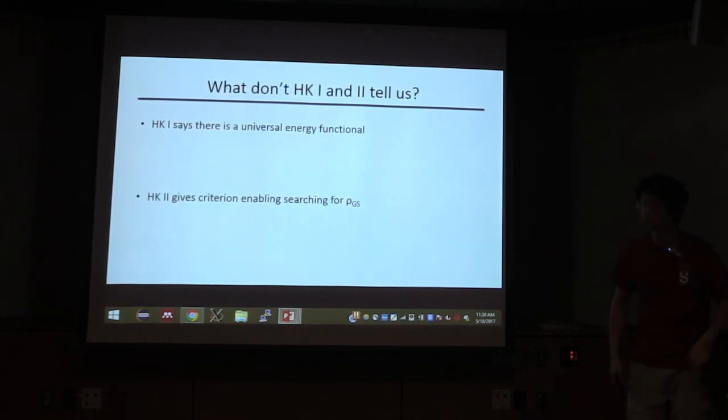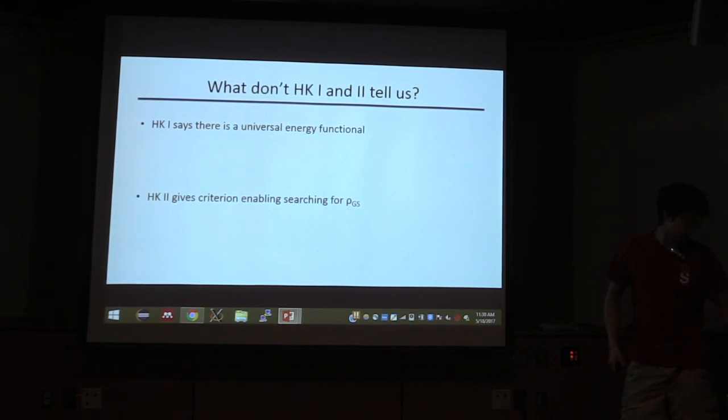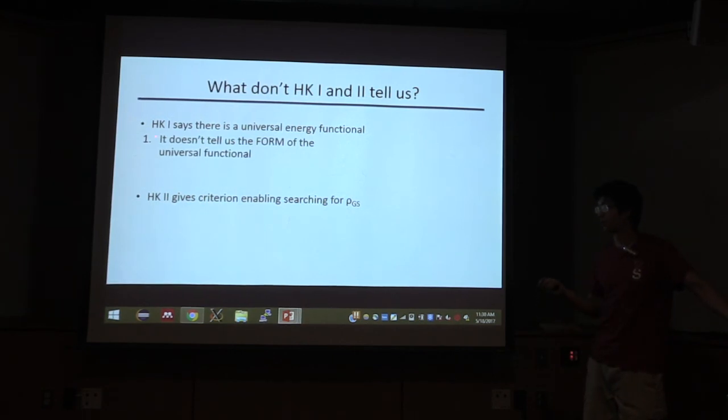Okay, so HK1 and 2 are actually really great. They tell us that density can be useful, and they tell us that it's possible to distinguish the ground state density from all others just through the energy of it. So practically speaking, they leave out a few crucial details. HK1 doesn't tell us the form of the universal functional. Without the actual equation, pretty useless.